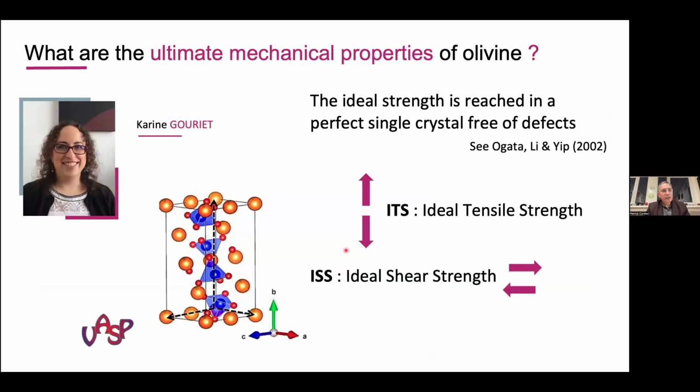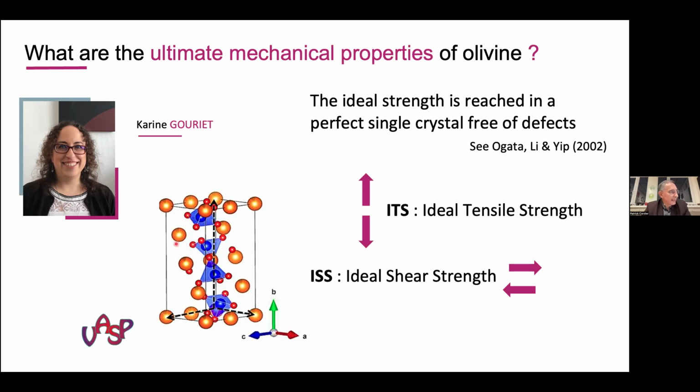So to understand a little bit the origin of this mechanism, we did calculate the ultimate properties of olivine. What is the ideal strength? The ideal strength is a deformation that you can reach without any defect. And this is something that Karine Gourier here in Lille did calculate using first principle calculation.